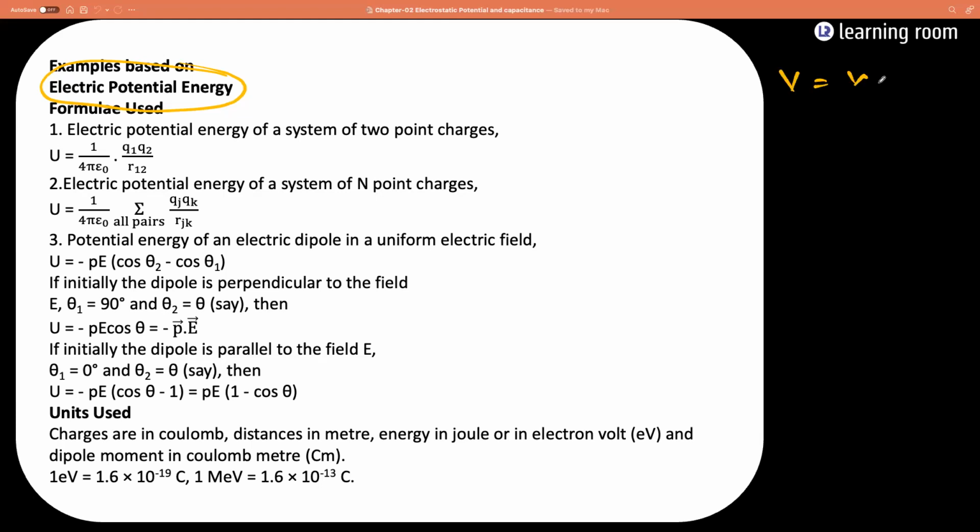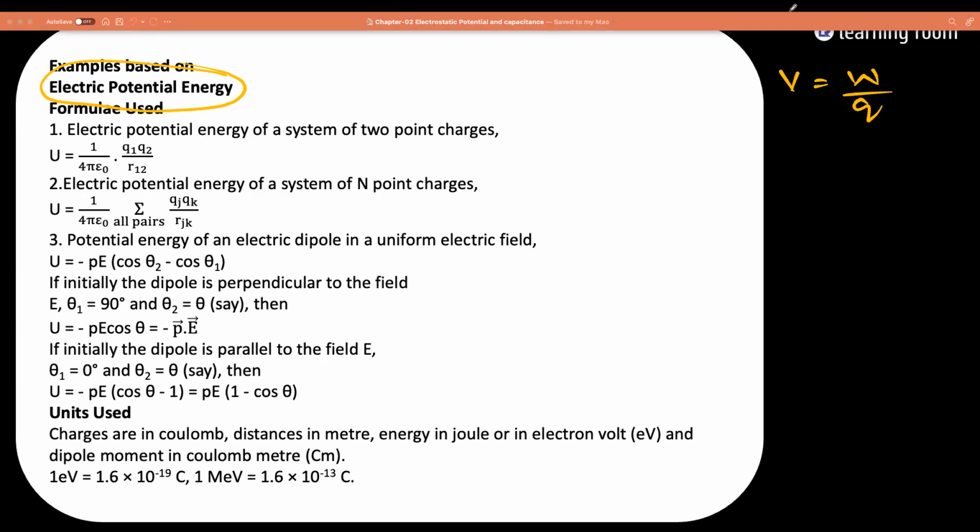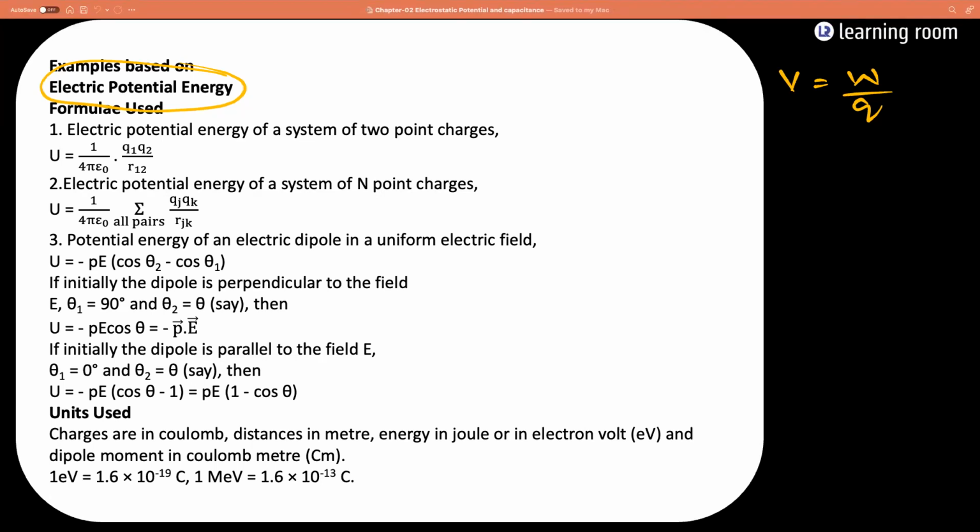So we know that V is equal to W divided by Q. So W will be equal to Q into V.